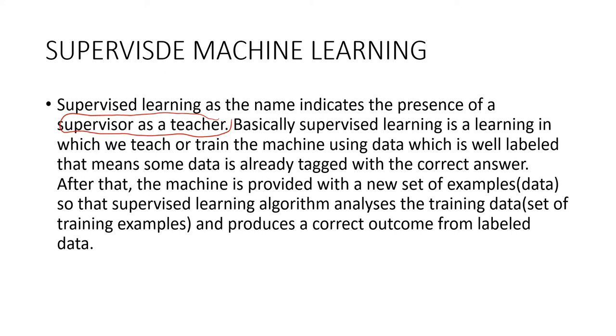After that, the machine is provided with a new set of examples, that is unlabeled data, so that the supervised learning algorithm analyzes the training data set and produces a correct outcome from labeled data. So you understood what supervised machine learning is, with the presence of a supervisor.